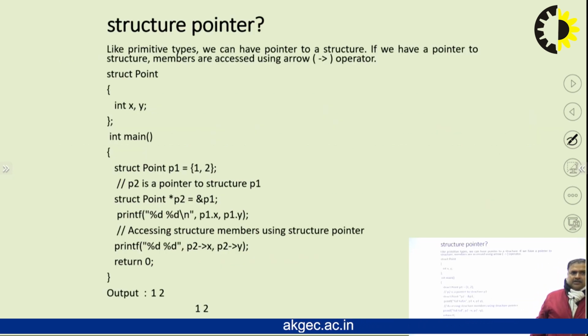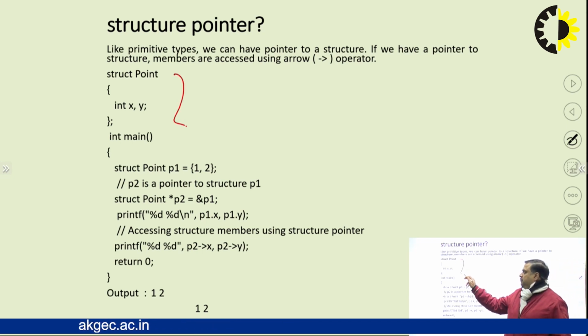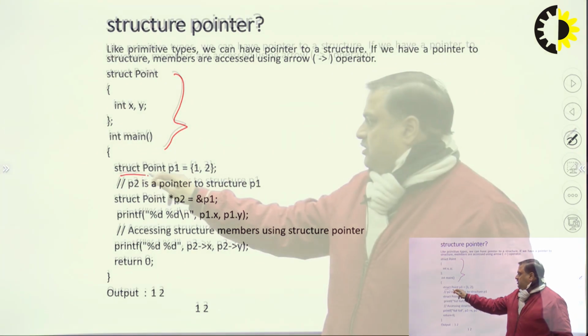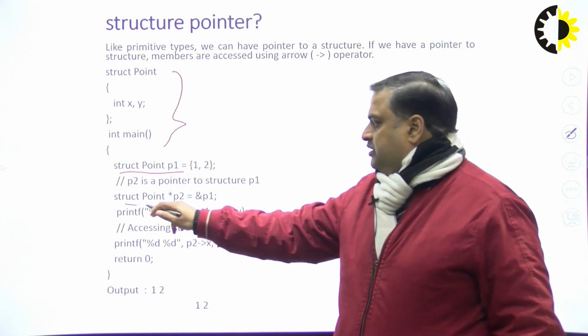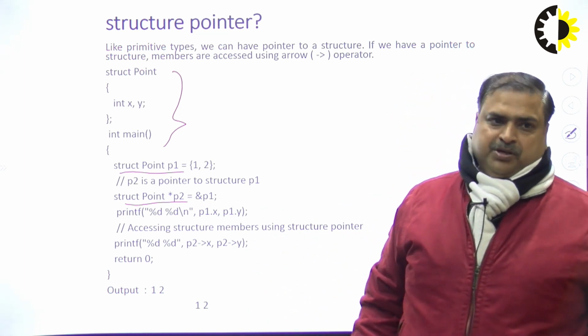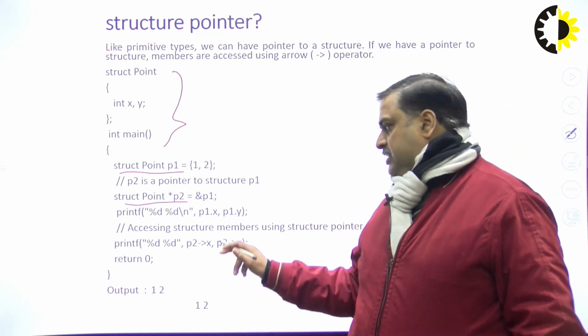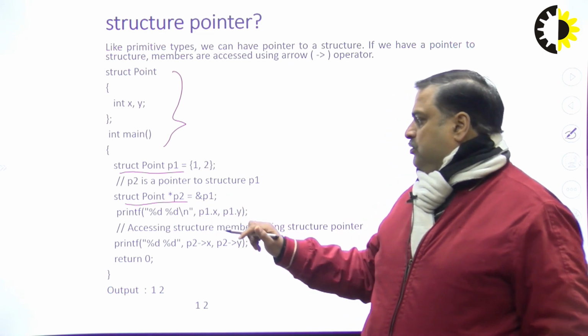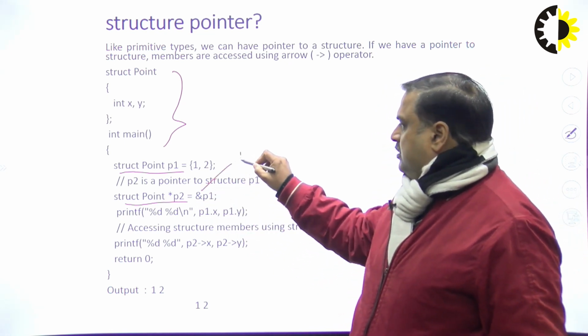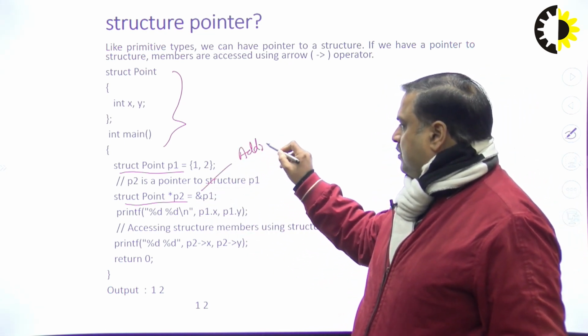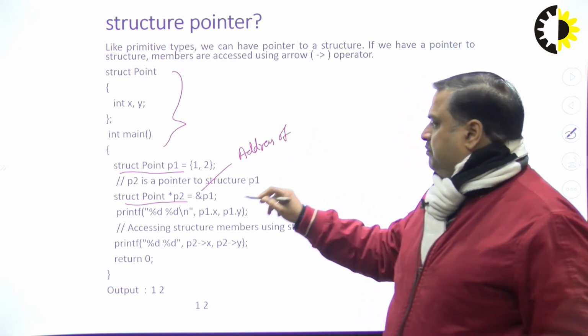We can create pointers also, pointers of type structure. Like here, point is a structure, and we have created struct point P1, and a struct point pointer P2. And we assigned the address of P1 to P2.